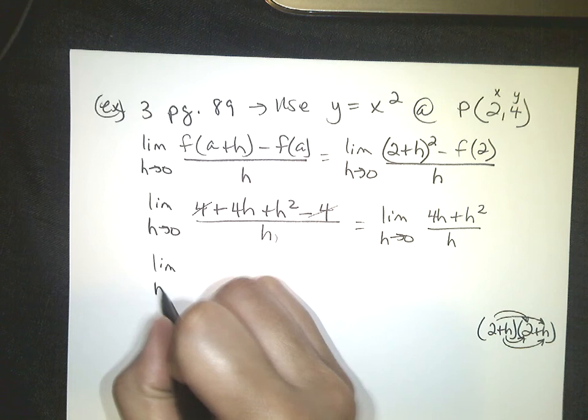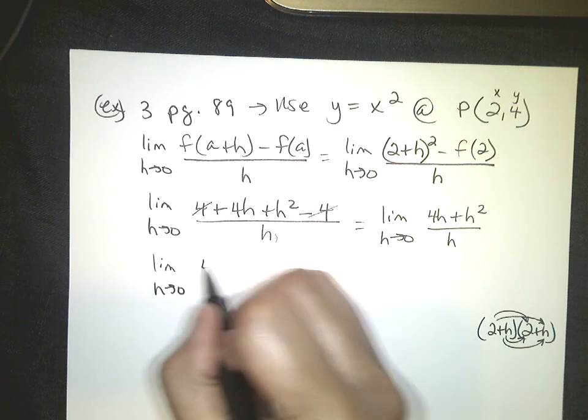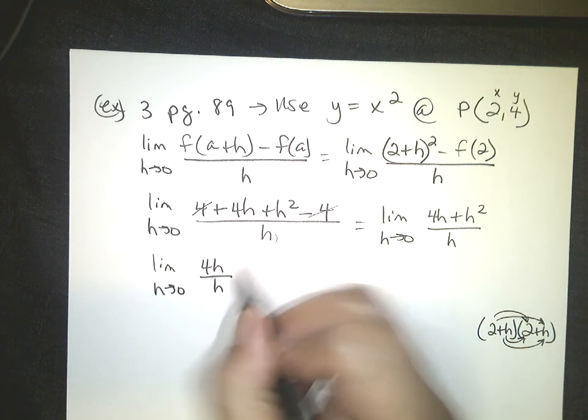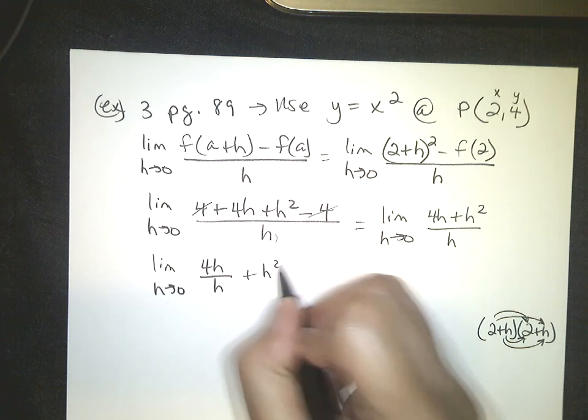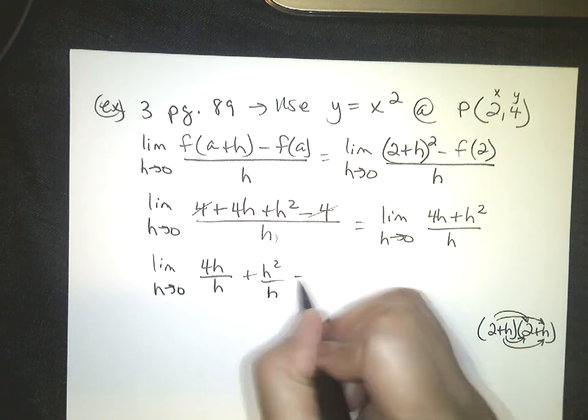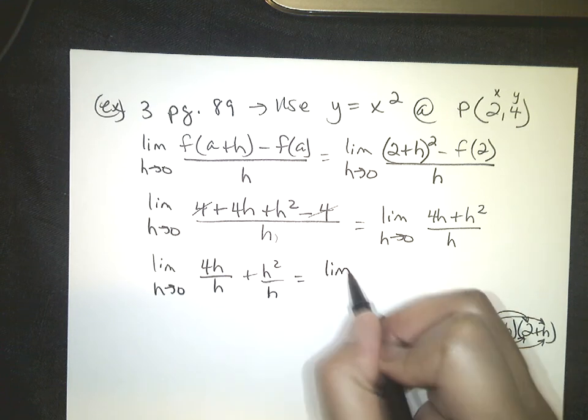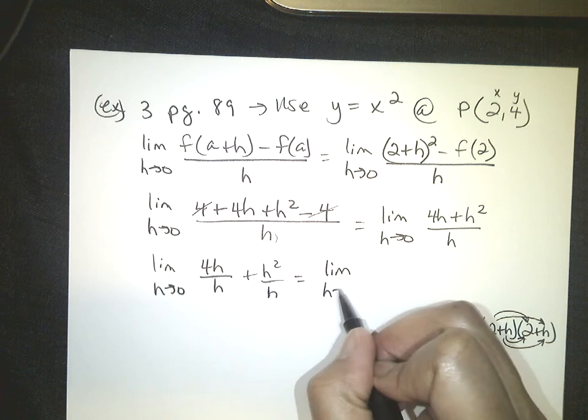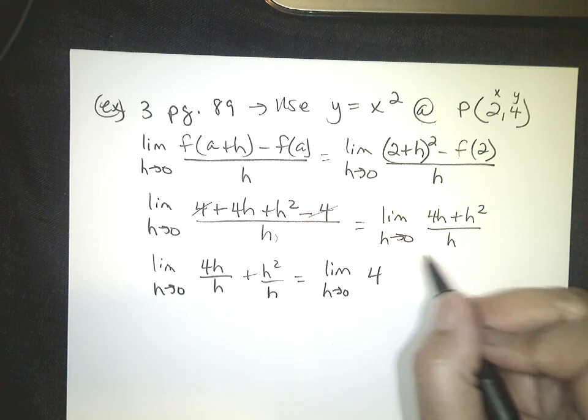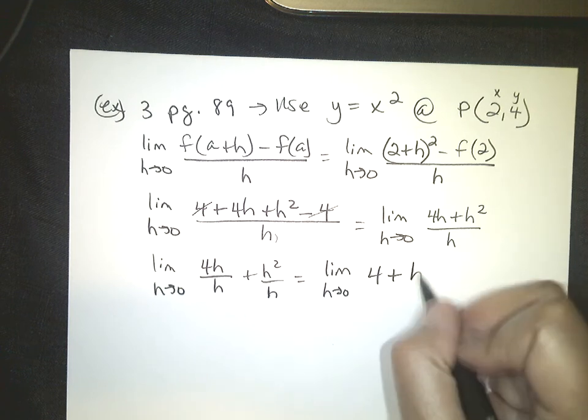So we have the limit as h approaches 0, 4h over h plus h squared over h. So this would be the limit as h approaches 0 of 4 plus h.